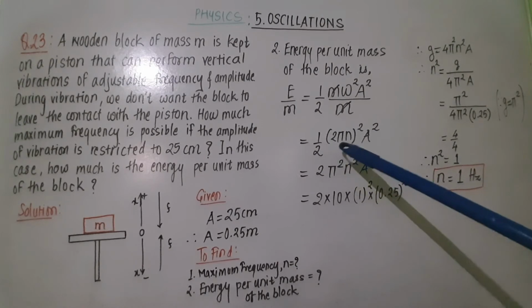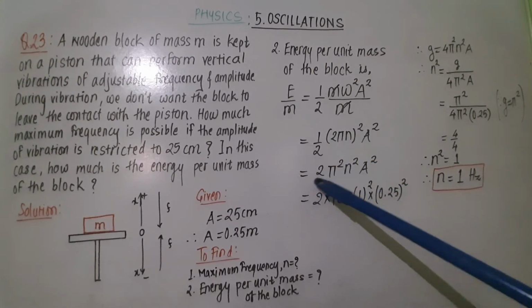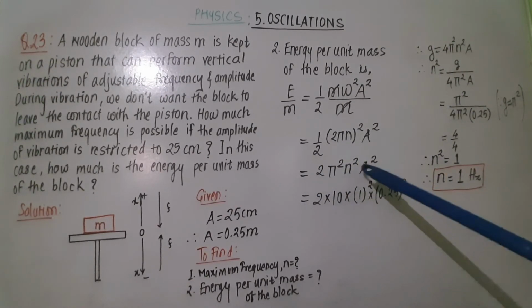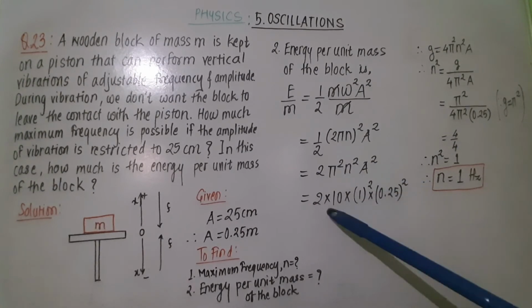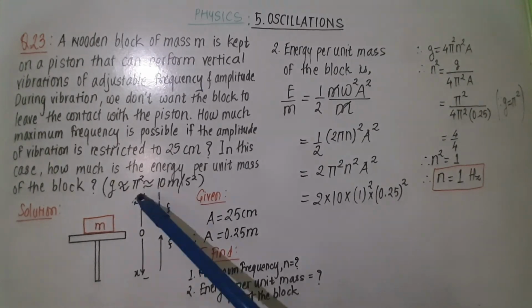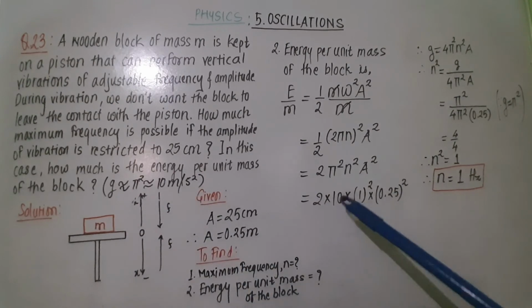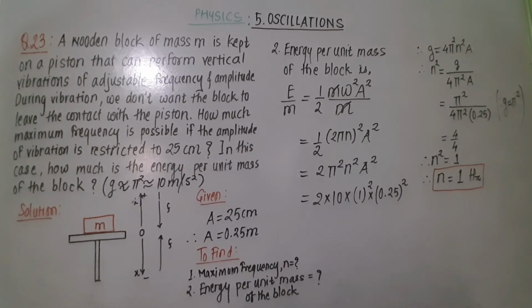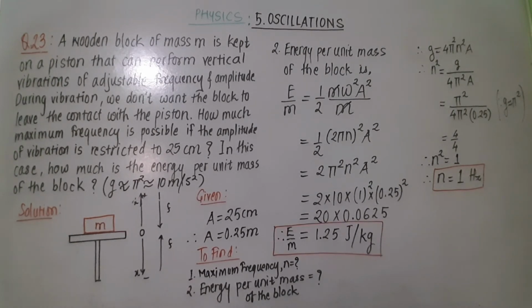Now simplify it. So we get 2 pi square n square a square. Now here pi square, its value is approximately equal to g, and it is given equal to 10 meter per second square. So pi square is 10. Now do this calculation. Therefore, energy per unit mass of the block is 1.25 joule per kilogram.